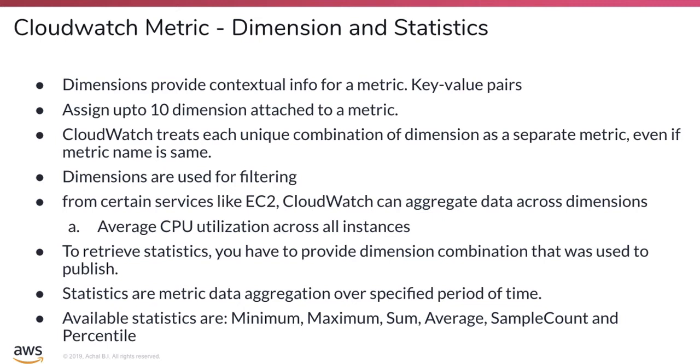For the instance ID and the CPU utilization, the combination is treated as one unique combination. Dimensions can be used for filtering as well, whether you're using the console or APIs.